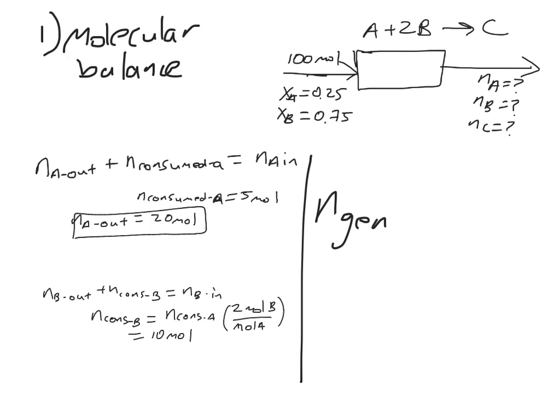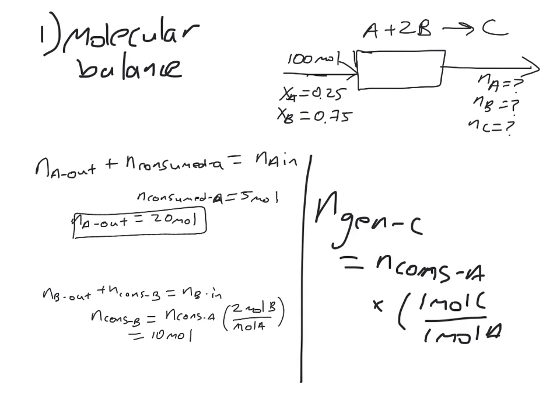But N generation of C is going to be equal to N consumed A, how much A is consumed by the reaction, multiplied by the stoichiometric ratio, and that's 1 mole C to 1 mole A. So that is equal to 5 moles. And since we didn't have any C in the inlet stream, the amount of C leaving the reactor would be simply 5 moles.